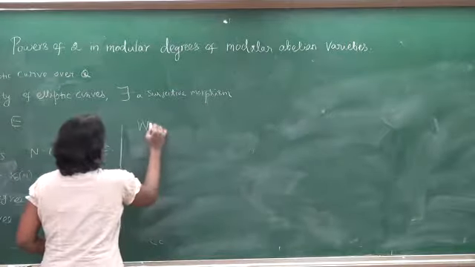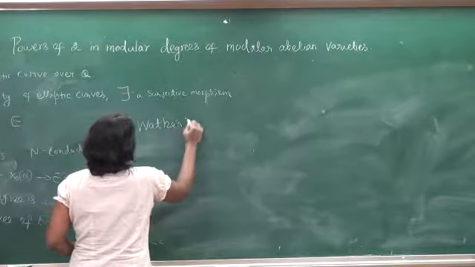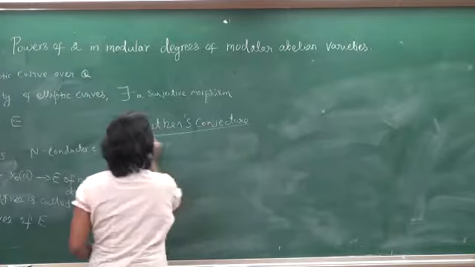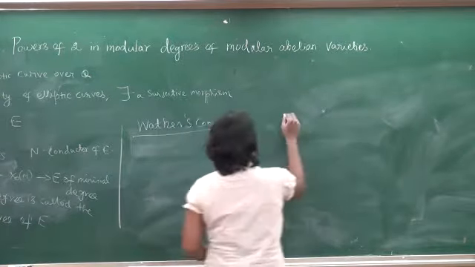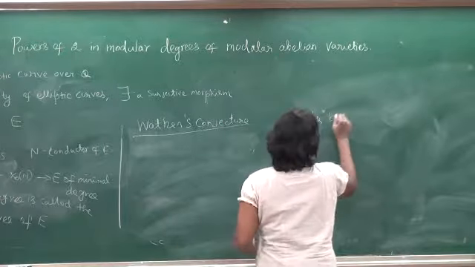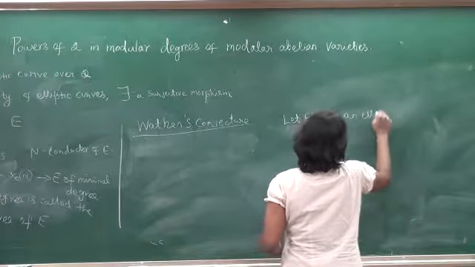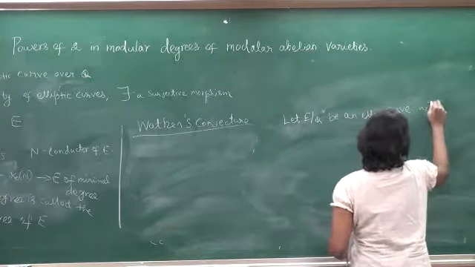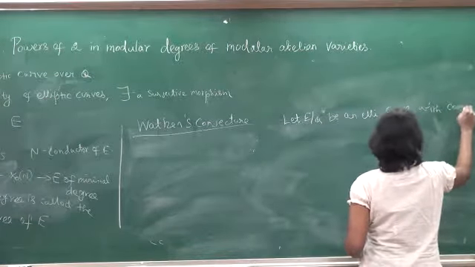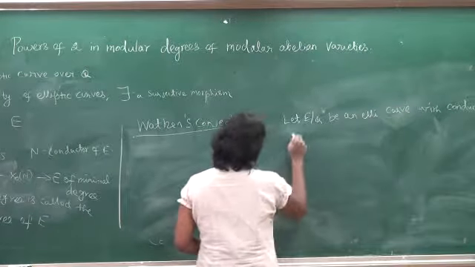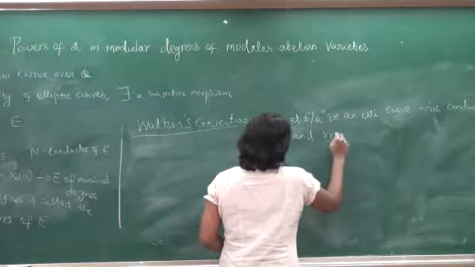So, Watkins conjecture. Let E over Q be an elliptic curve with conductor N and rank r.